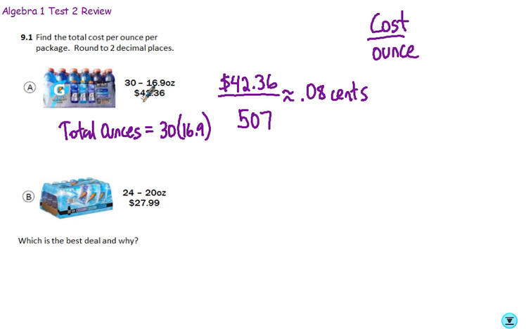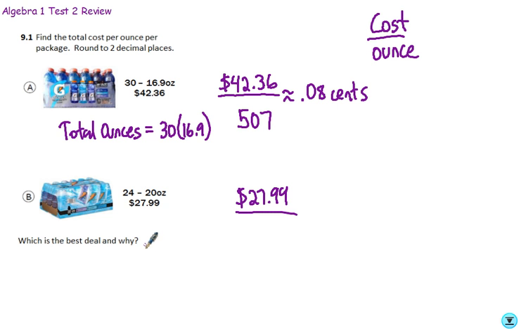And if we multiply that out, 507 times .08, we'd get our cost, which would be 42.36. So let's do the same thing for this other container, the one that had fewer bottles, but the bottles were bigger. The cost on that is $27.99, and we have to figure out the total ounces.